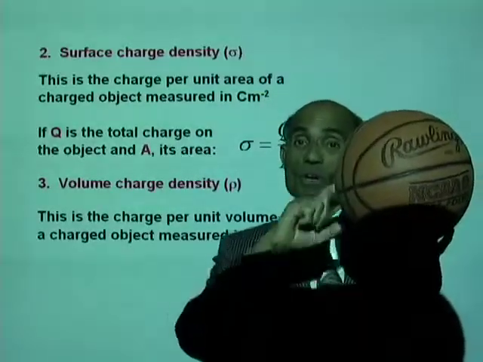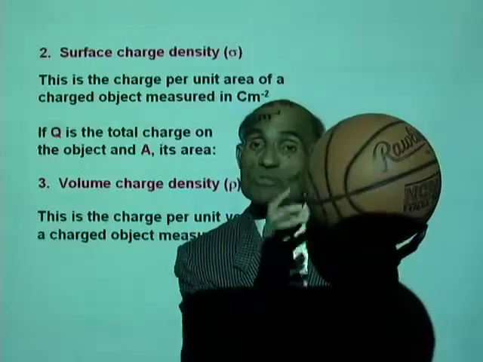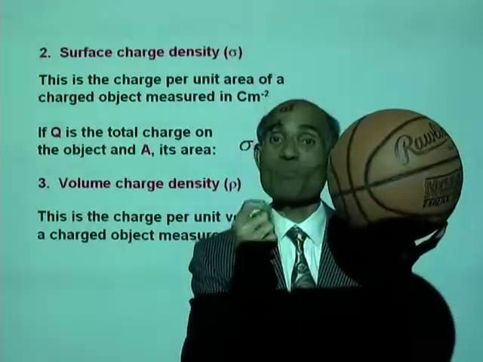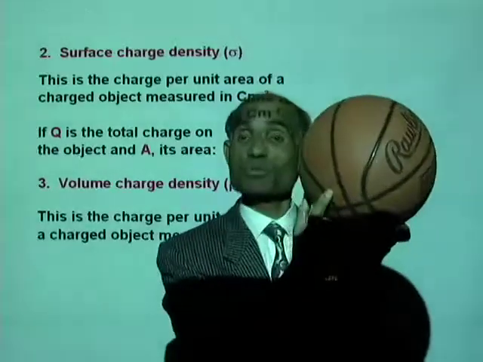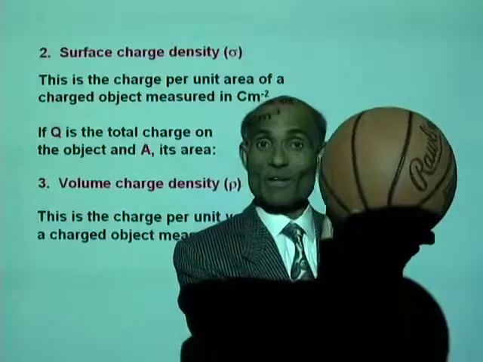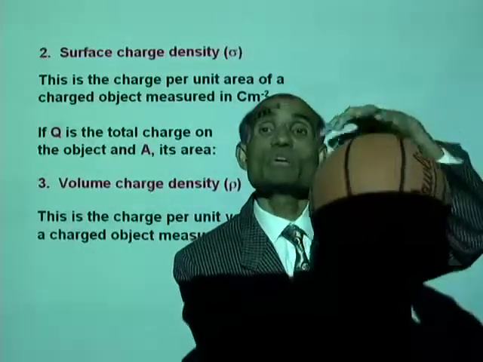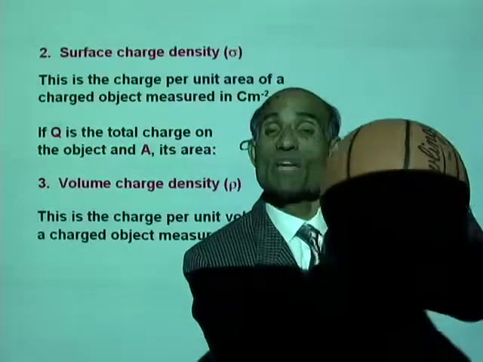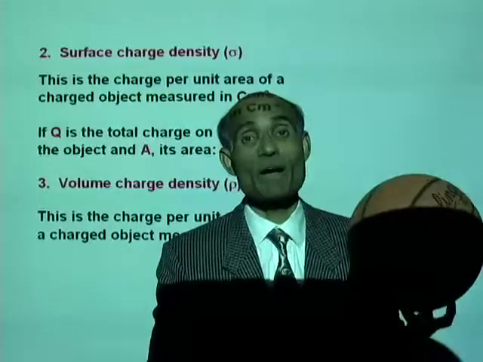Now, what is the volume of a sphere? The volume of a sphere is 4/3 pi r cubed. Now, if this contains a total charge Q, then the volume charge density rho will be Q divided by the volume of the sphere, which is 4/3 pi r cubed.